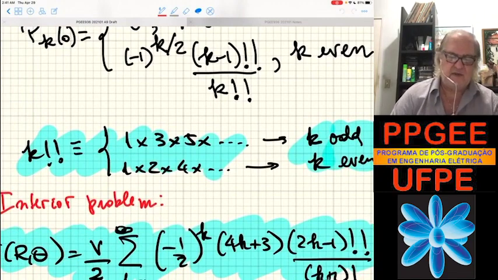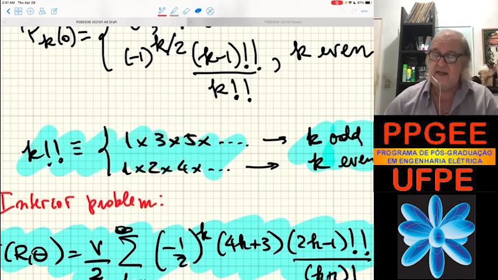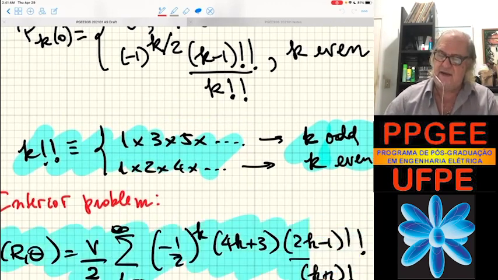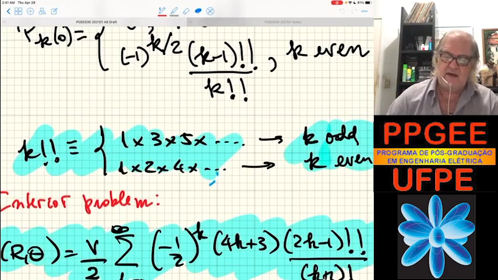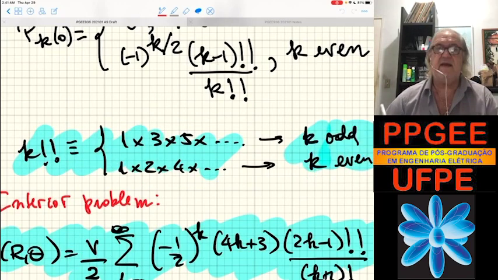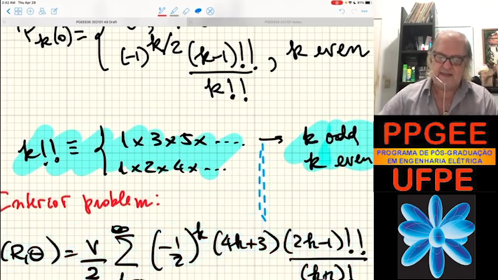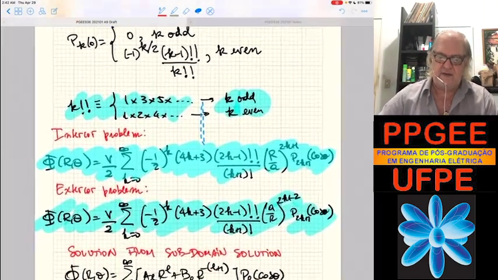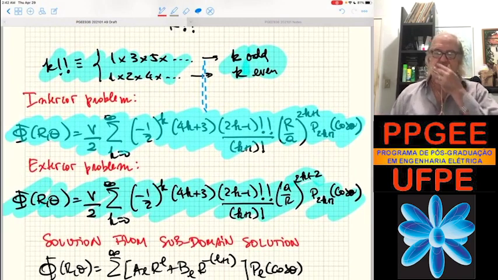So the double factorial is 1 times 3 times 5 times 7 for odd k, or 2 times 4 times etc. if k is even. Okay, so that's the result. So we have the result for the interior problem or the exterior problem now expressed here in my notes. So just demonstrate that with the algebra.